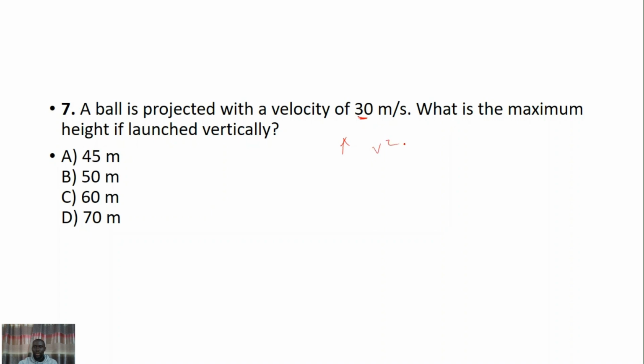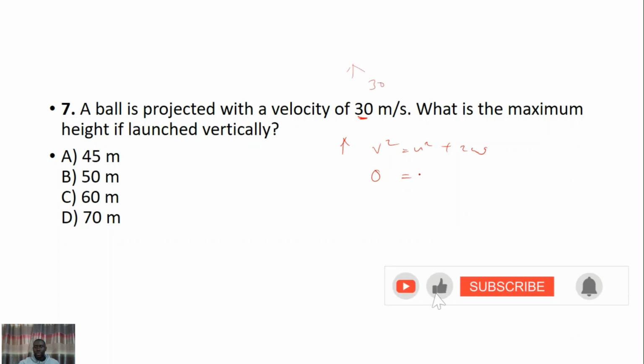We can use v squared equals to u squared plus 2as. Okay, and the maximum height will be h, right? So the final velocity will be zero, is equals to, since the whole of this velocity is in the vertical component, is in the vertical axis, and is launched vertically.